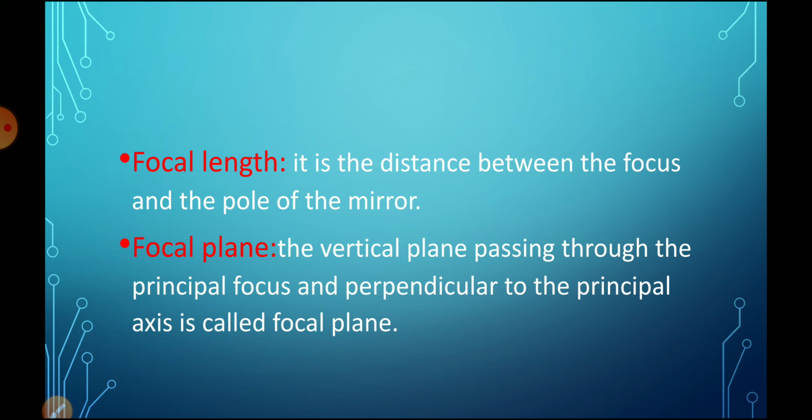That is, the distance between the focus and the pole is the focal length. Focal plane. The vertical plane passing through the principal focus and perpendicular to the principal axis is called the focal plane.